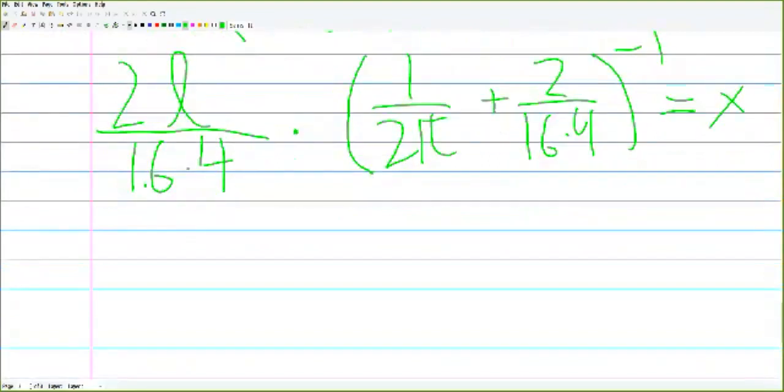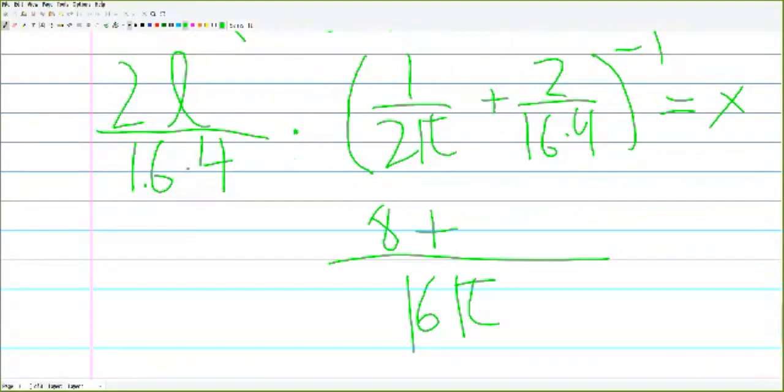So let's do this sum. 16 pi divided by 2 pi is equal to 8, plus 16 pi divided by that is 4 pi times 2, which is 8 pi.